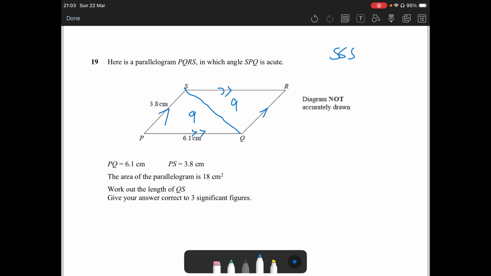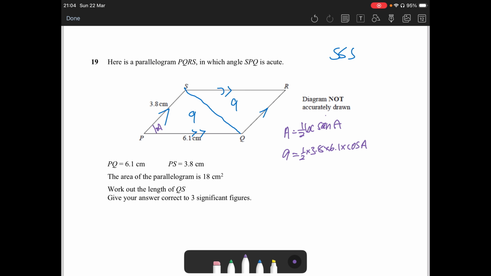So why am I doing this, you ask? Because we can do another area of a triangle using sine. So we can say area 9 is half of BC sine A. And this time I don't know what A is, right? So let's call that A. So 9 equals 1 half times 3.8 times 6.1 times sine of A. So a little bit of magic here.